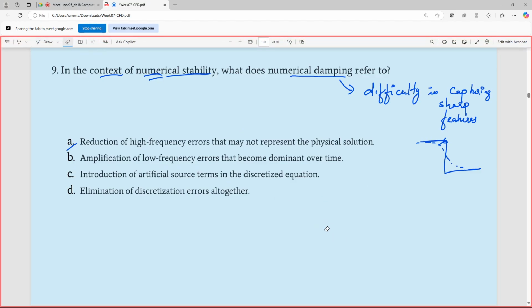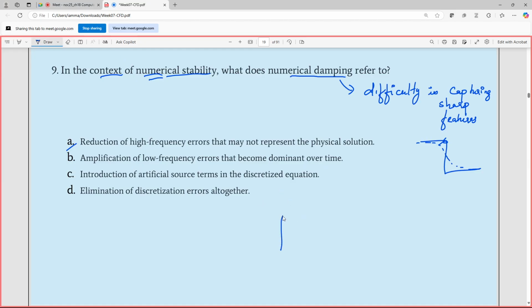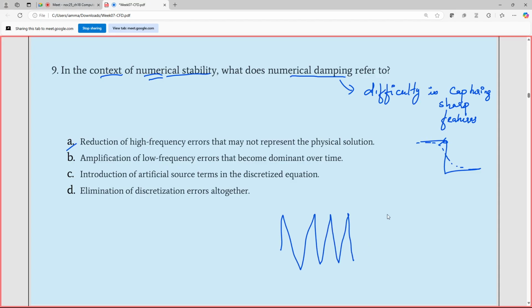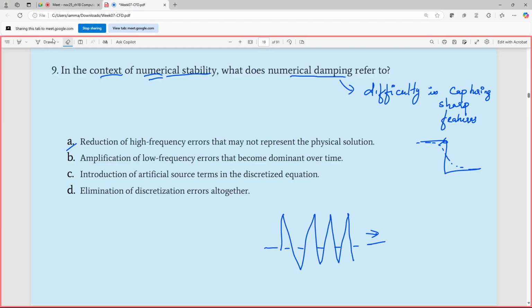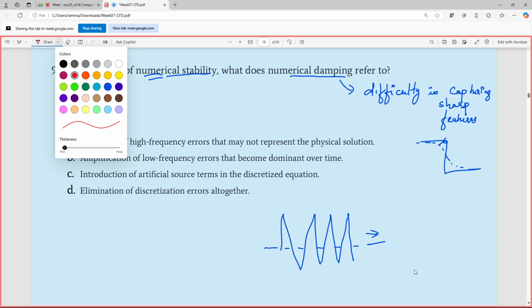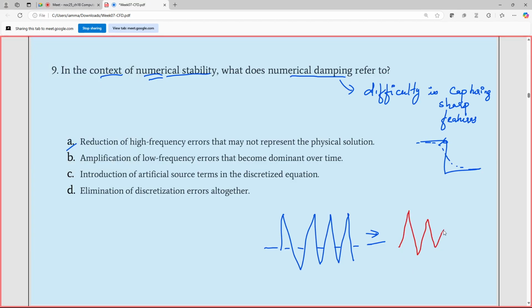There will be cases where the errors will have sharp peaks, but with numerical damping in play, it will die out, or it will reduce the amplitude, and due to the numerical damping effect, the capturing of the sharp features will reduce.